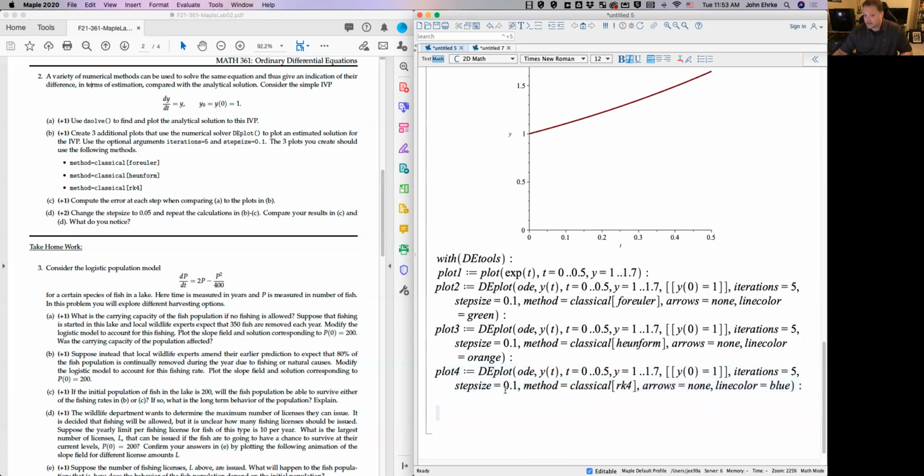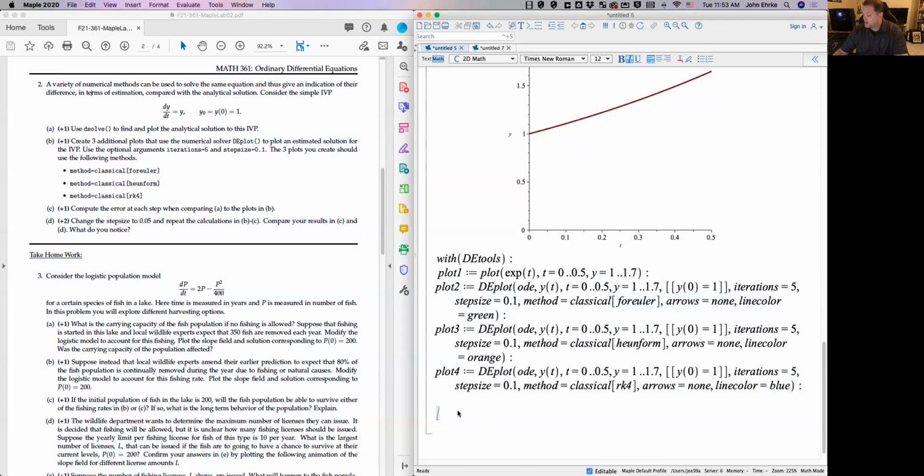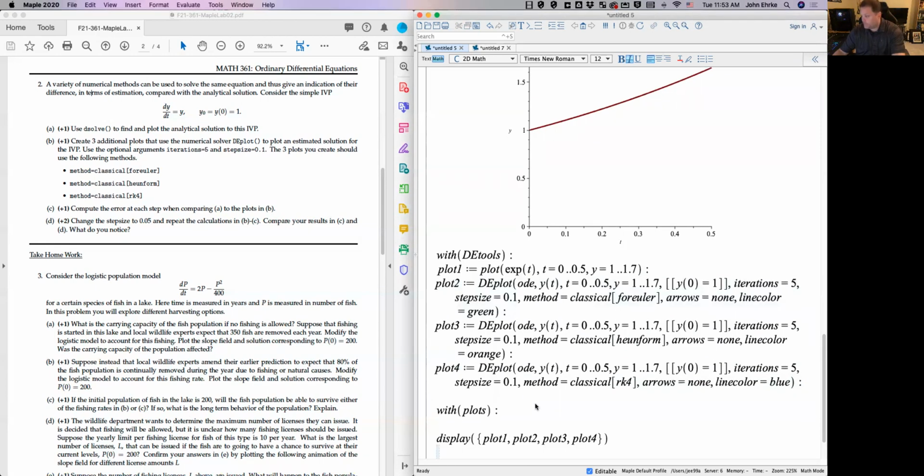So if I take all those and plot, I'll need with plots loaded again to make those all show up. So let me make sure I enter each of these.